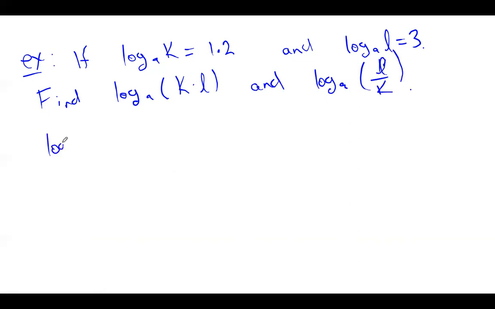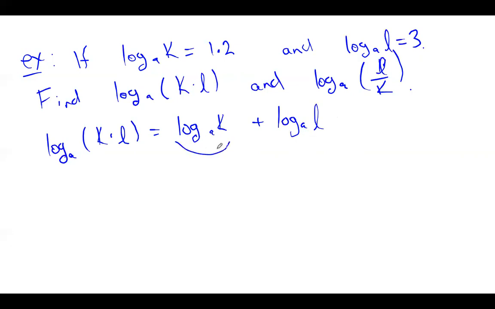All you do is separate them out using the product rule, turning it into the sum. This is equal to 1.2, and this is equal to 3. So therefore, this is going to be 4.2.